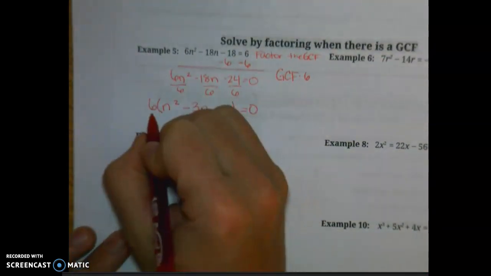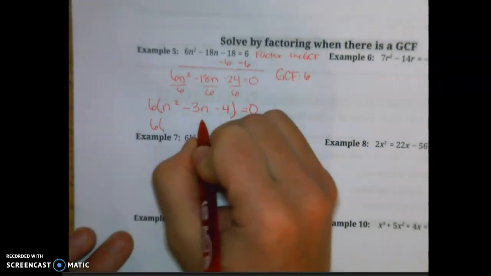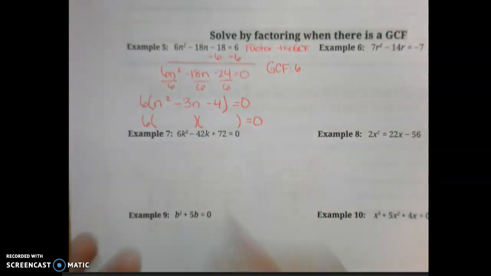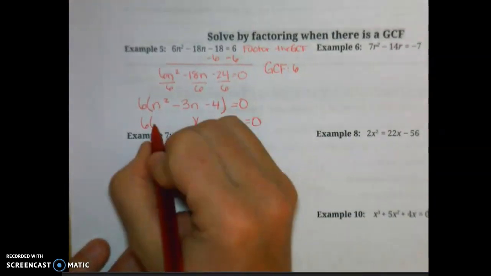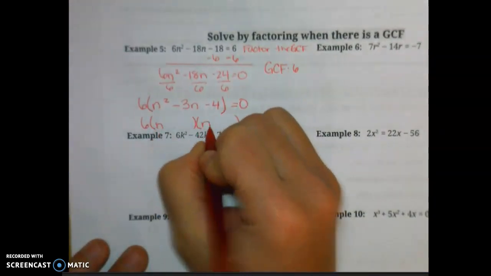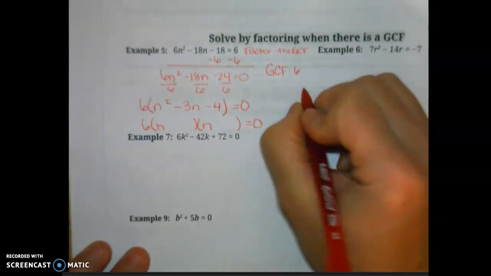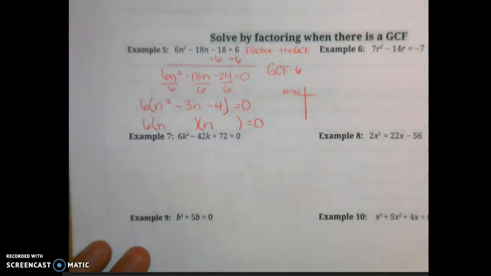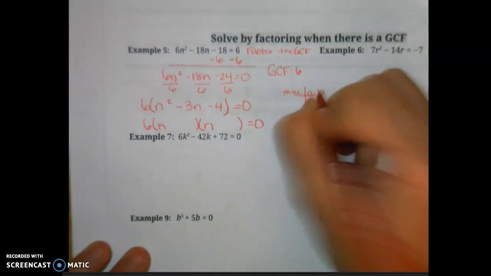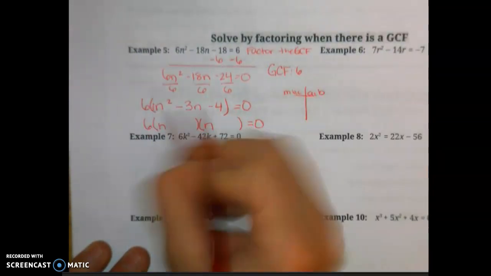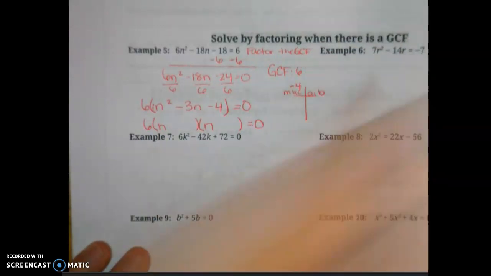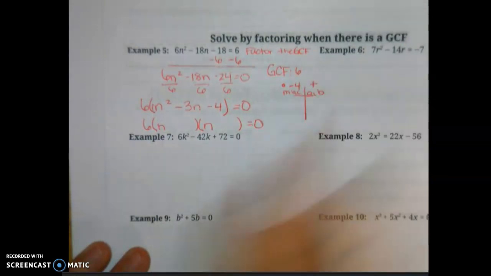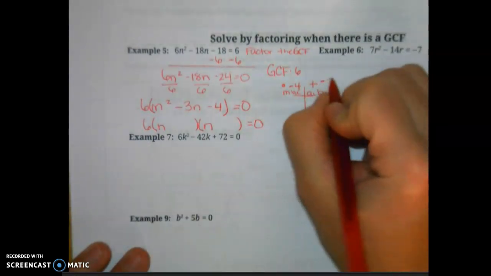So I'm going to bring down this 6, and then I'm going to set up my double bubble, or my two sets of parentheses. The variable I'm using is n, so I'll put my n here. And I'm looking for two numbers that multiply to a times c and add to b. So a is 1. 1 times negative 4 is negative 4. So I'm looking for two numbers that multiply to negative 4 and add to b, so add to negative 3.